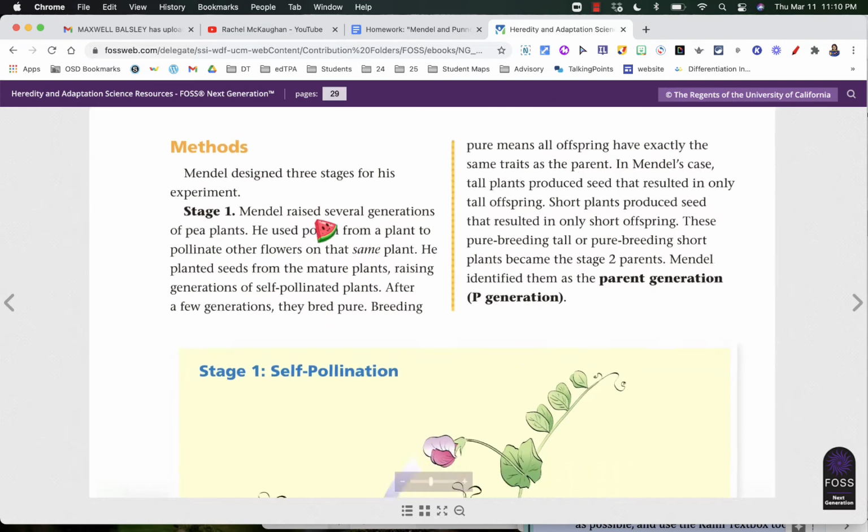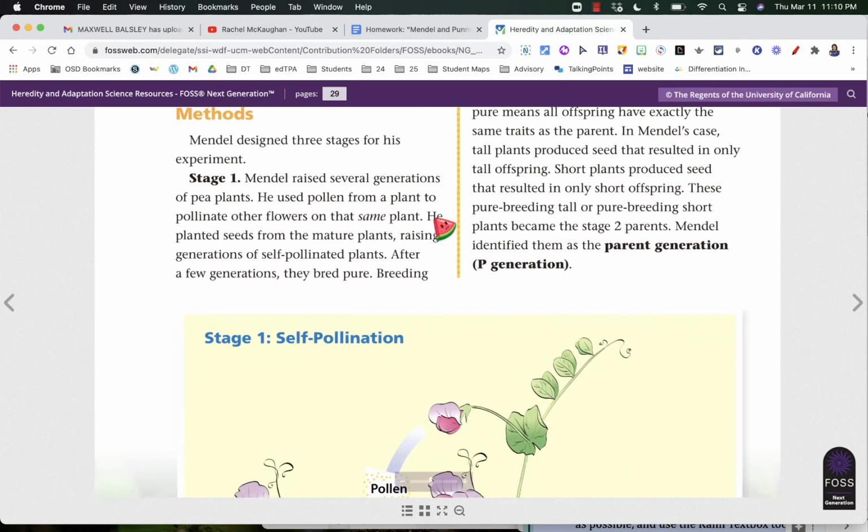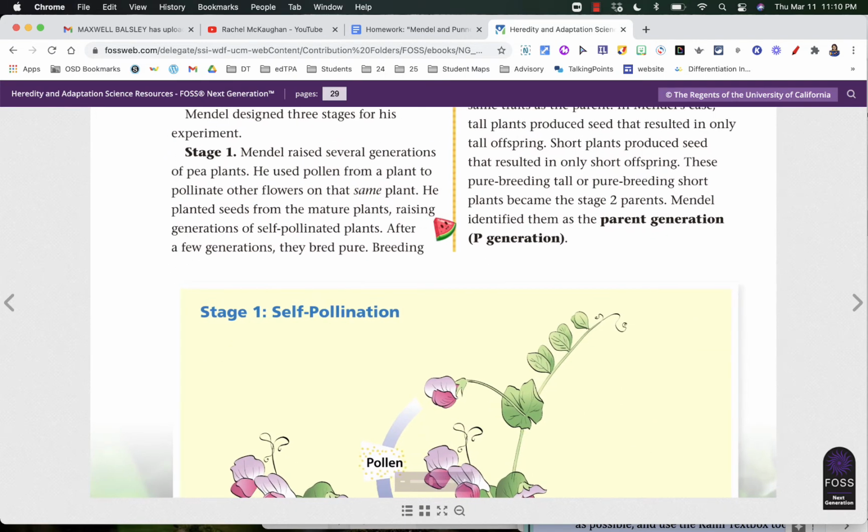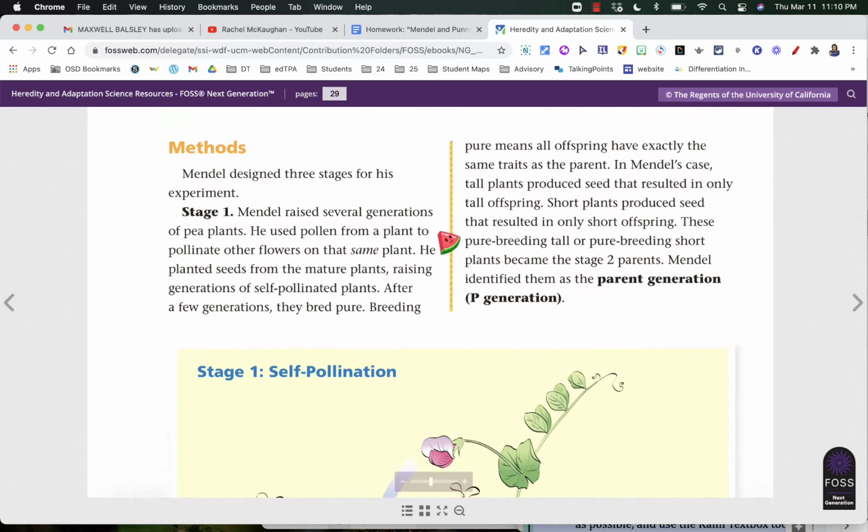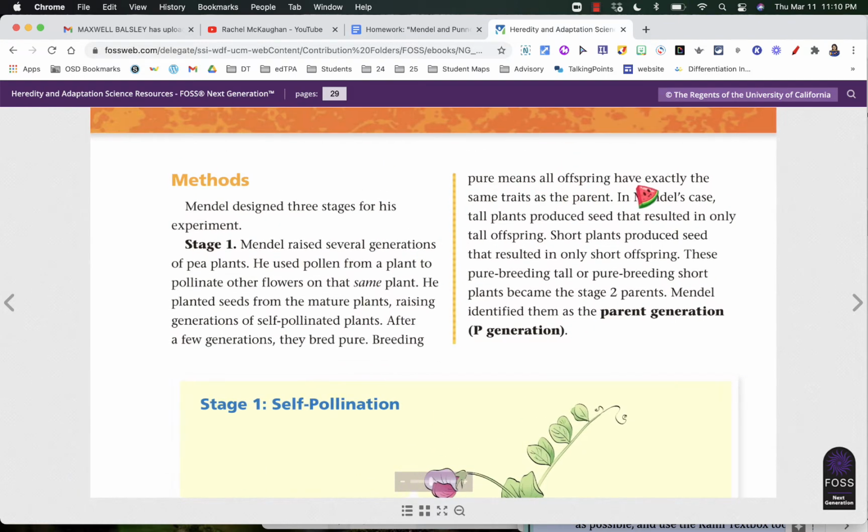Stage 1. Mendel raised several generations of pea plants. He used pollen from a plant to pollinate other flowers on that same plant. He planted seeds from the mature plants, raising generations of self-pollinated plants. After a few generations, they bred pure. Breeding pure means all offspring have exactly the same traits as the parents.